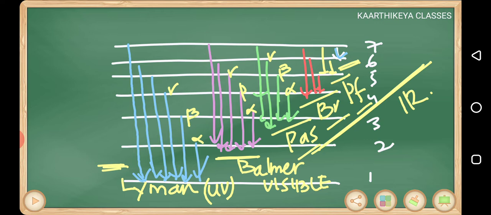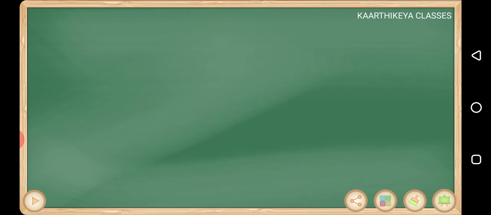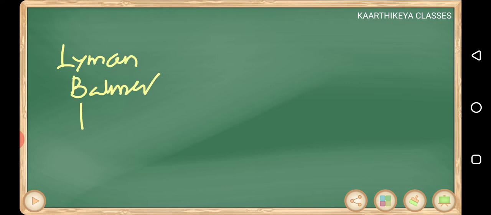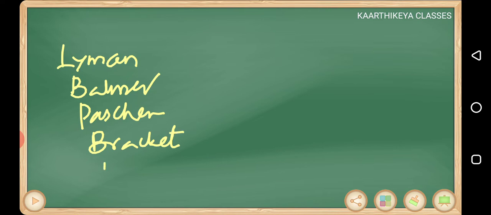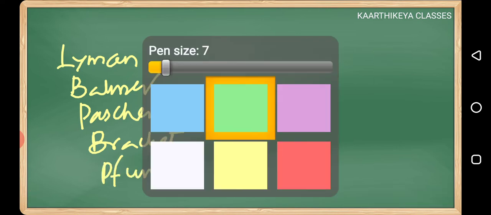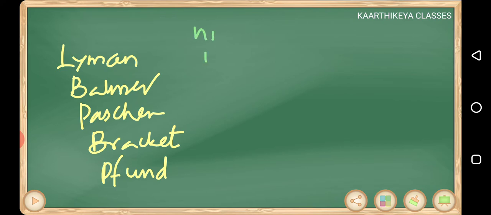So Lyman series, Balmer series, Paschen, Brackett, Pfund. I'll give you in a table type. Lyman series, Balmer, Paschen, Brackett, Pfund. If you want, you can add Humphreys also. N1 value: to which level it is coming, 1, 2, 3, 4, 5.